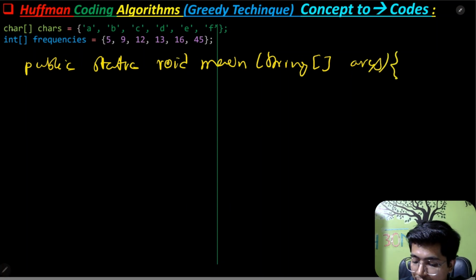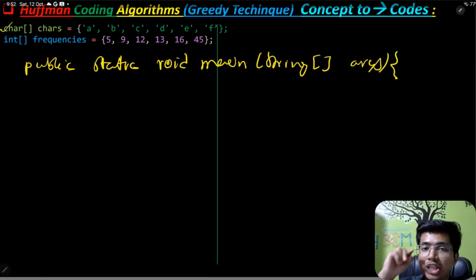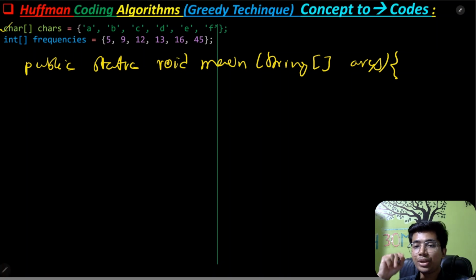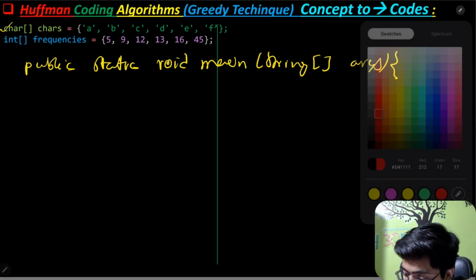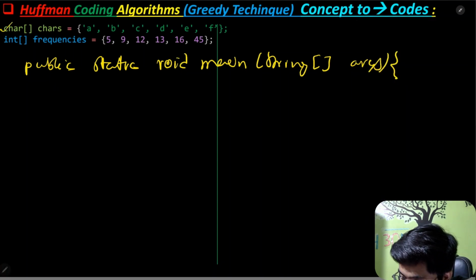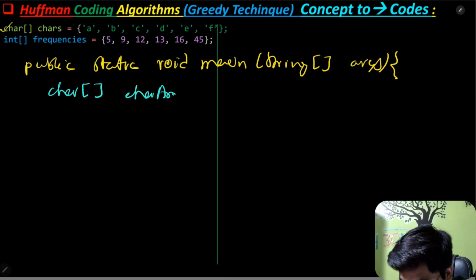And then look, there is a character array, so we create that character array. We are creating this character array as before.